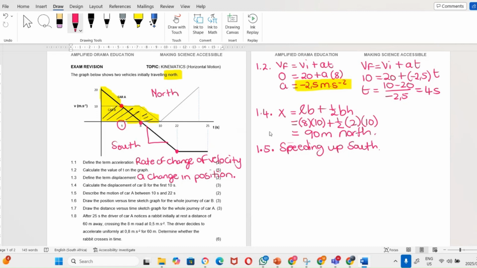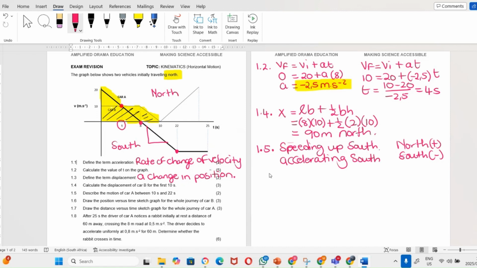So if your acceleration is negative for that segment, that would mean that if we had chosen north as positive at first, south should be negative. So if our acceleration is negative there between 8 and 22 seconds, then the object is accelerating south.